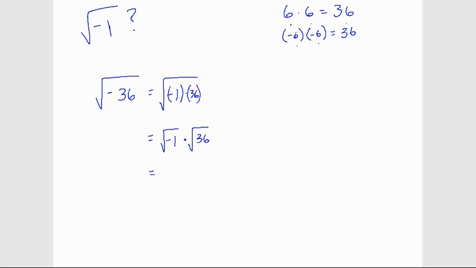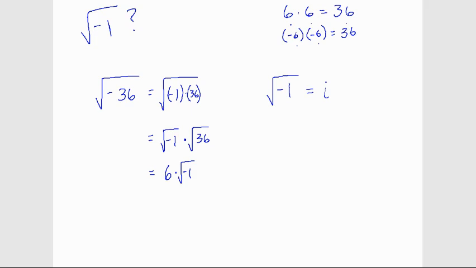And I would simplify this to be, I'm going to write the 6 first and then times the square root of -1. And since I don't know what the square root of -1 is, I can leave it in this form, and this would be an acceptable answer if we didn't have notation that represented this. And this is where the idea of i comes from.